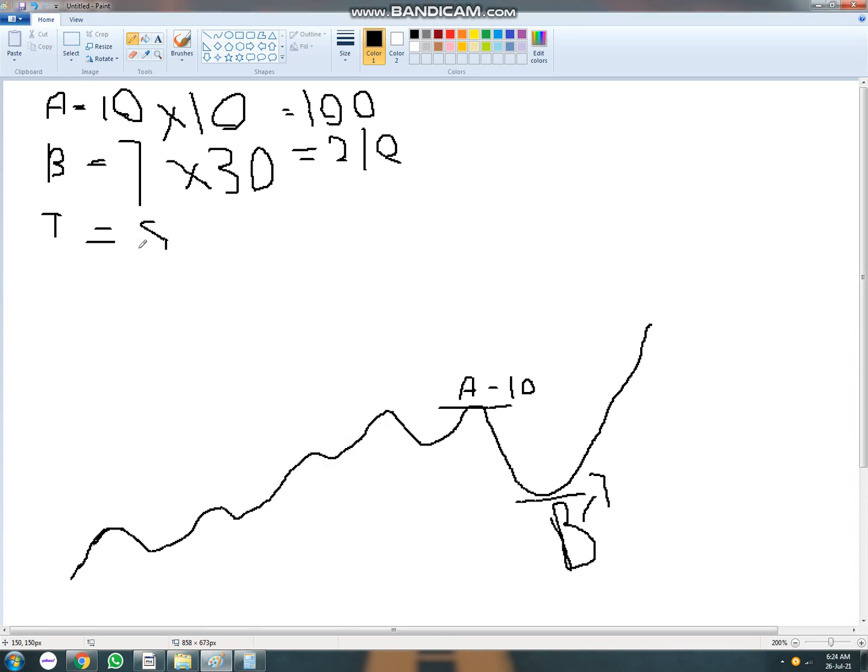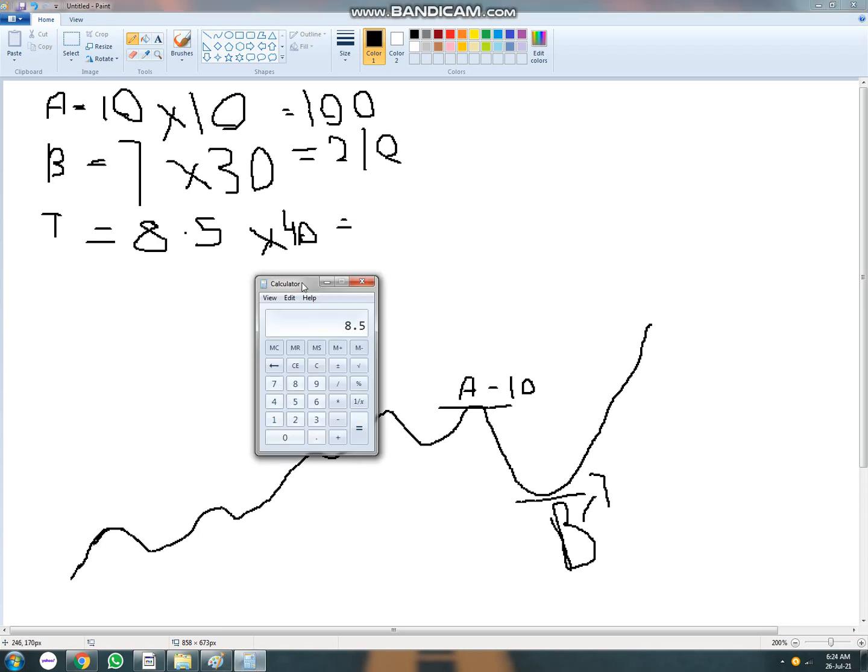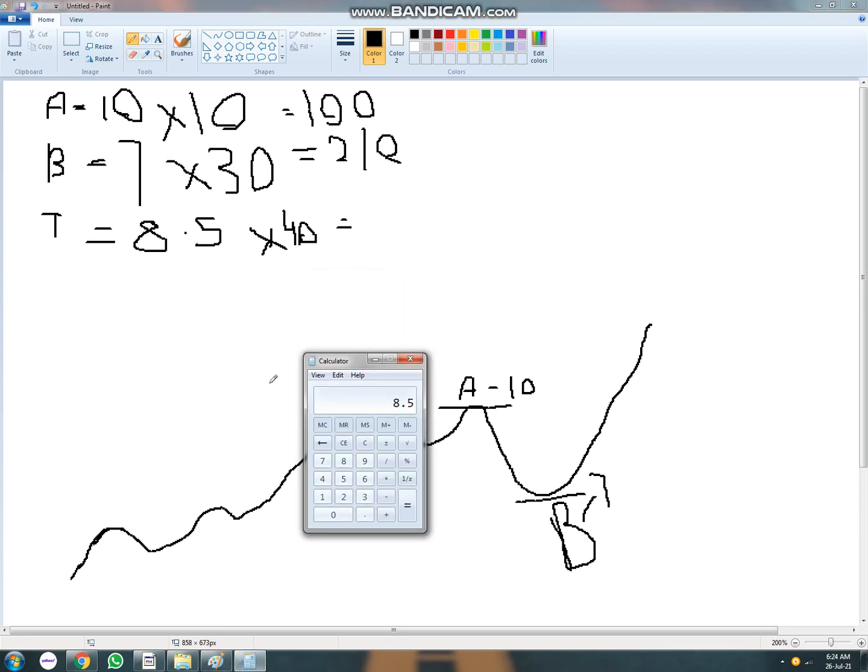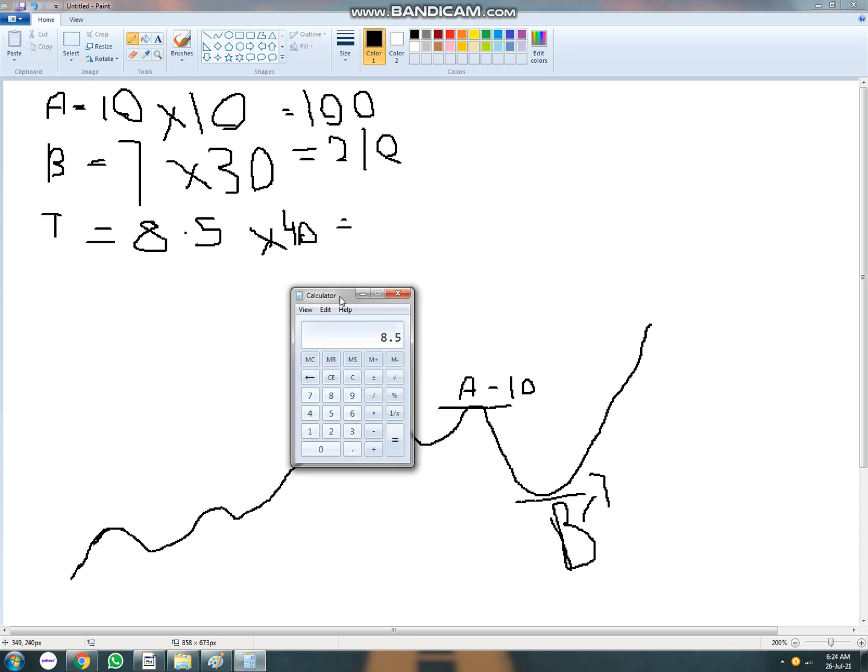So its total price would be 8.5 for 40 shares. So now we would see how much. In the last video I made this mistake, I did all the calculations wrong. So now it is correct, and just take a look at how it is done now.